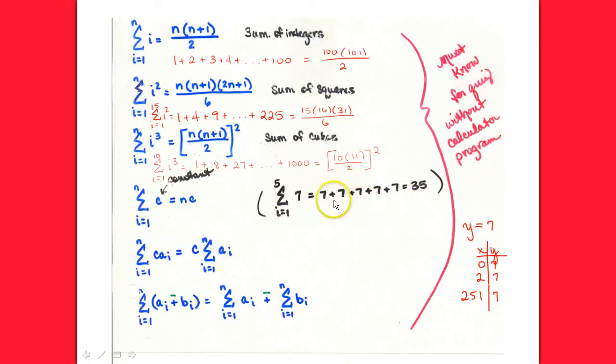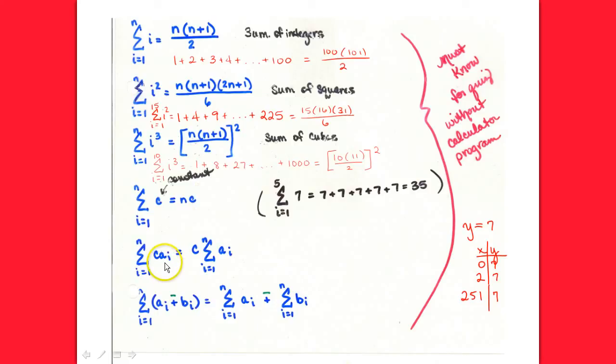So instead of sitting here and writing this number over and over again, however many times I have for n, it's a whole lot faster to just say, take n, the number of times you're going to write this number, and multiply it by your constant. So you can see if I would have just done 5 times 7, I would have gotten that 35. So this summation of a constant will make things a lot faster.